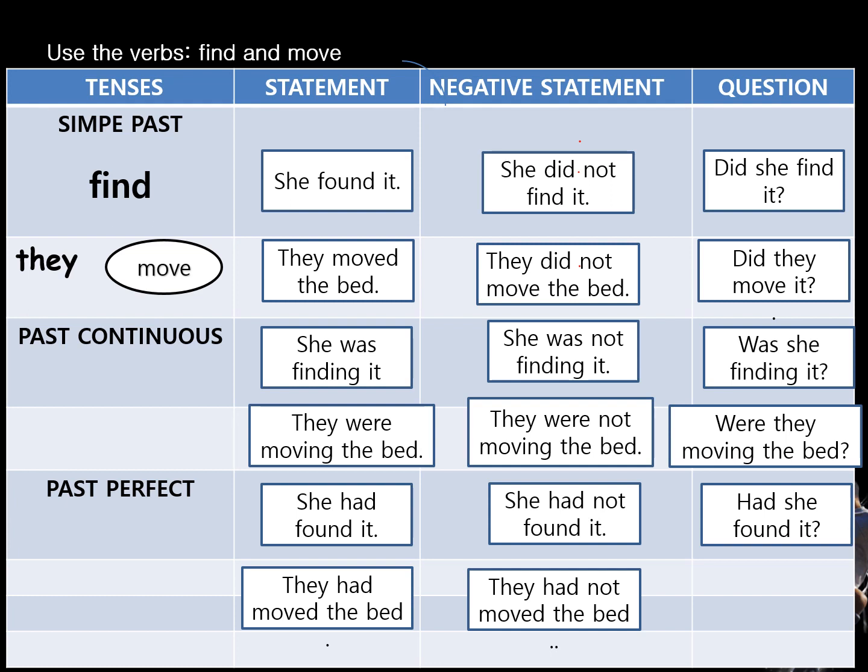So this is negative again. Or you can say contract had and not. So you say hadn't. So they hadn't moved the bed. And the last one, question form, interchange the auxiliary verb with the subject. So had they moved the bed? This is the question form.